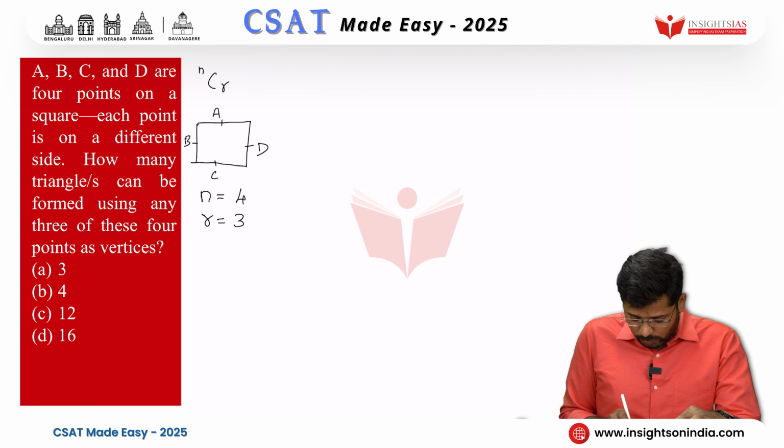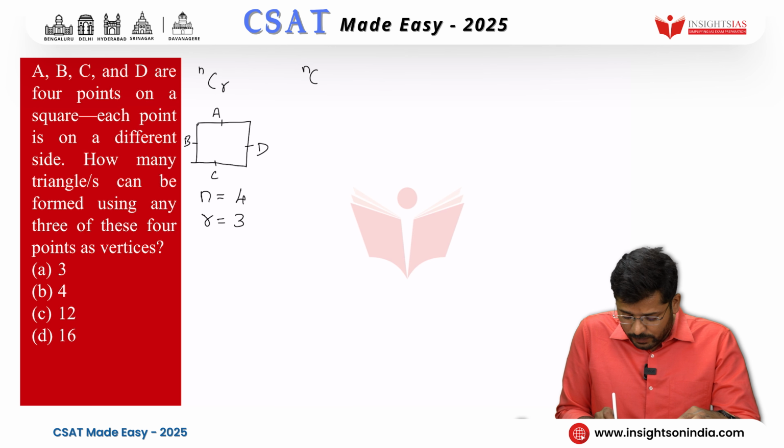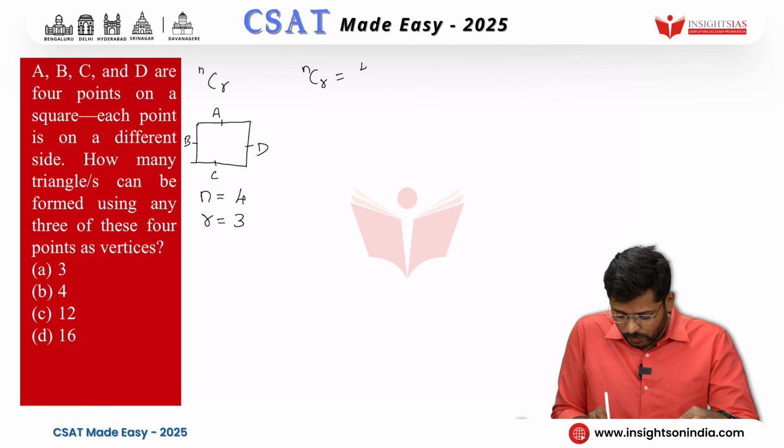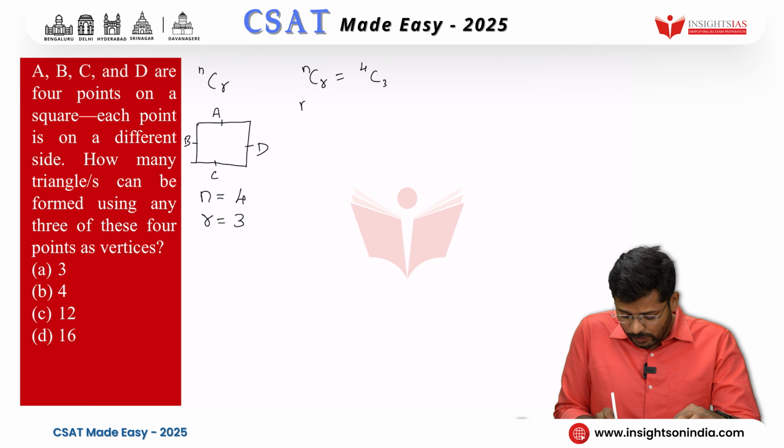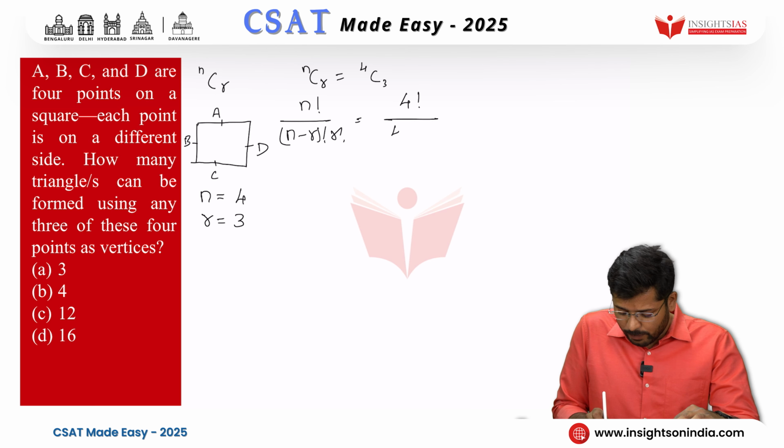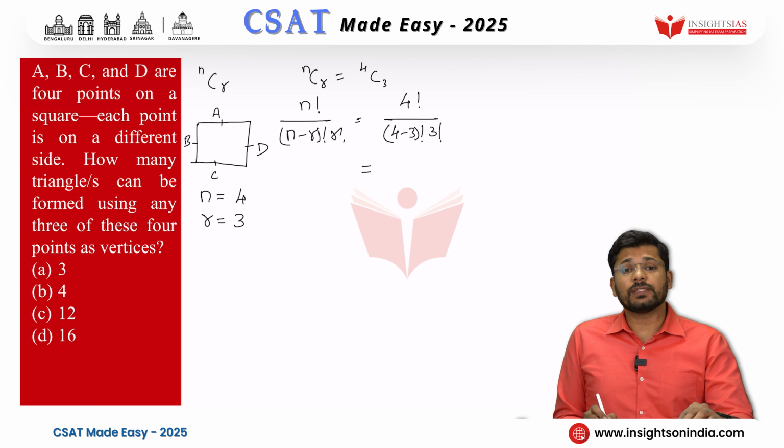So what will our formula become? Our formula nCr will become 4C3. So what is nCr? nCr would be n factorial divided by (n minus r) factorial into r factorial. So this would become 4 factorial divided by (4 minus 3) factorial into 3 factorial. Okay. Now what is the value of 4 factorial?